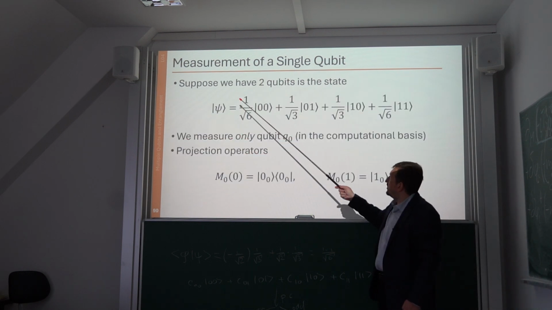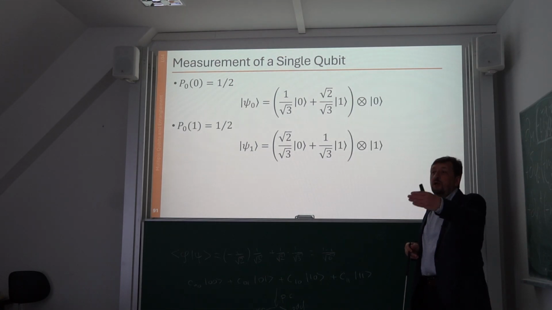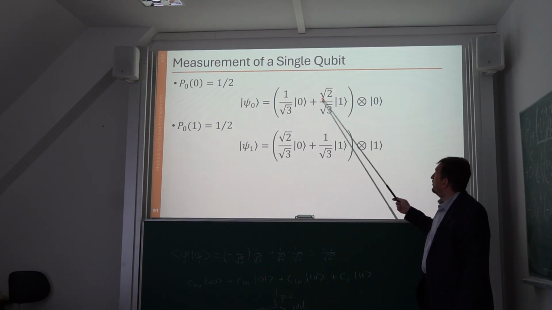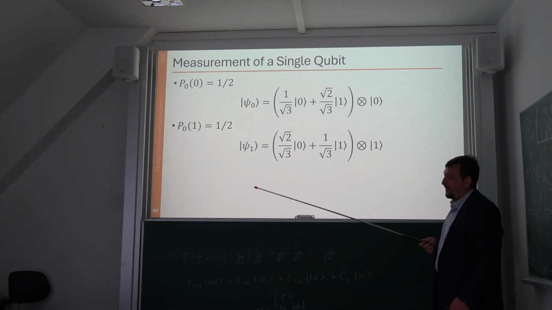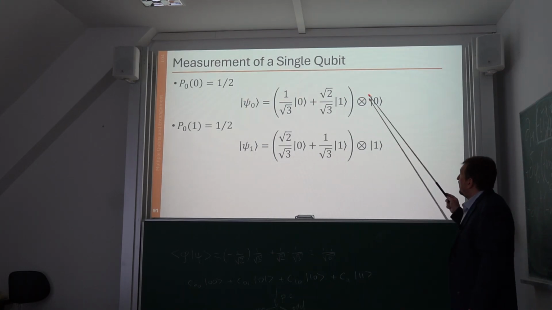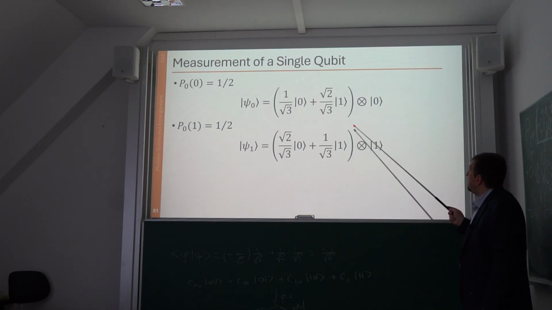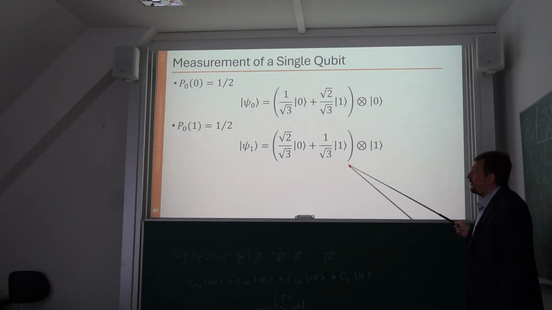So this is the probability of the outcome as a norm of the state. And then you normalize the state to get a normal state vector with length 1. So this is the post-measurement state for two different outcomes.